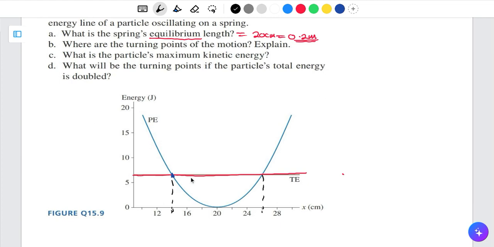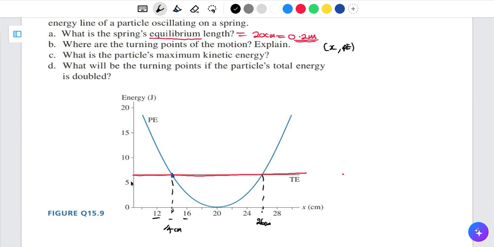So what are those turning points? If this is 12, this one is 14, this one is 16. So we have 14 centimeters here. If this is 24, this one is 26 centimeters. Since we are talking about the turning point, it has to be in coordinate form: the length and the total energy.